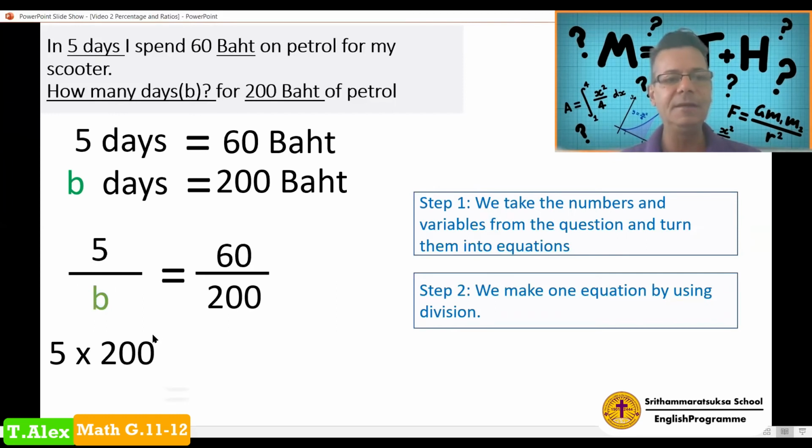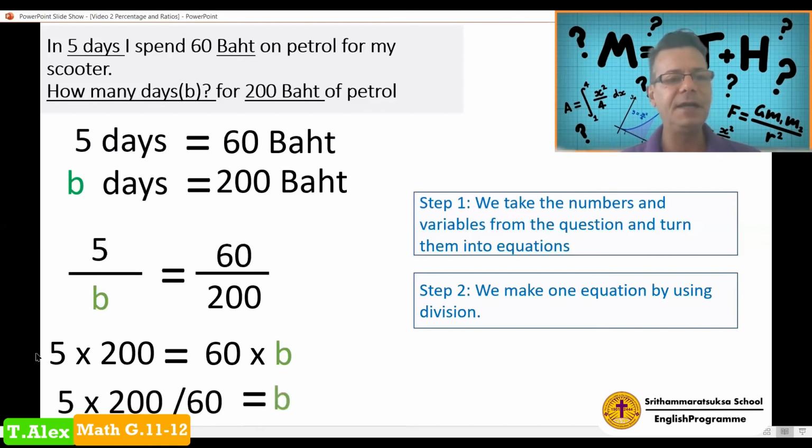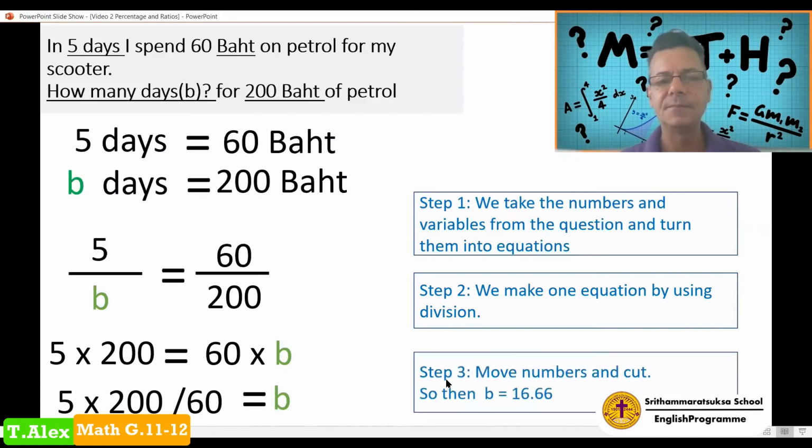Same thing for B. 60 times B, and so B will equal 5 times 200 divided by 60. You will need a calculator, but B equals 16.66. The important step is really number 1, getting your numbers and variables into this equation. Then we make one equation and we solve.